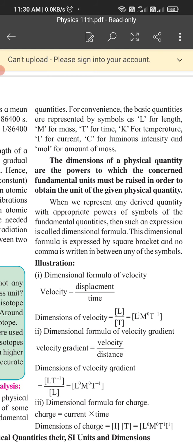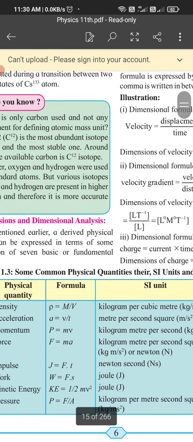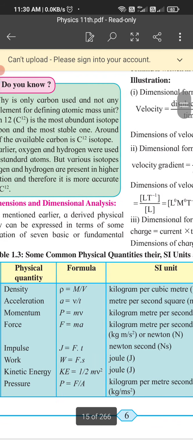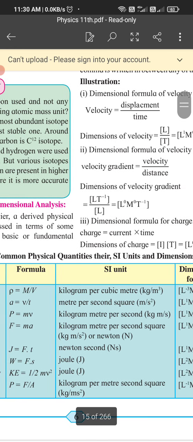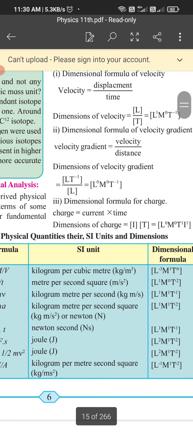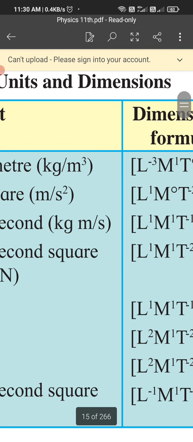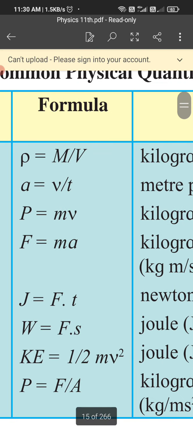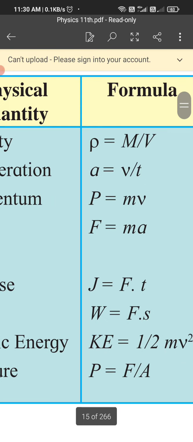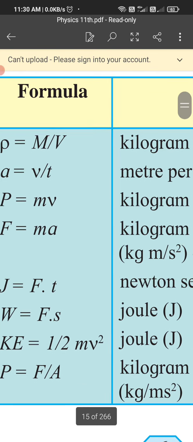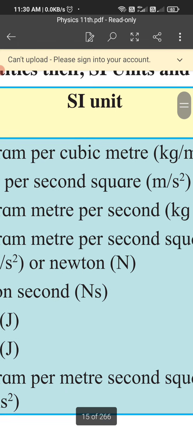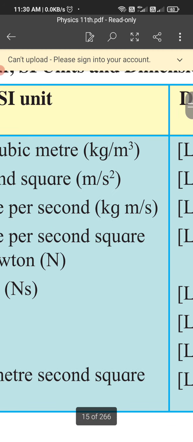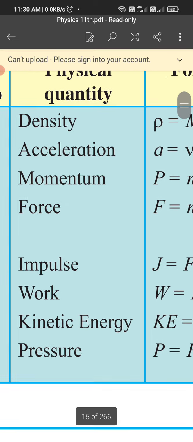So some dimensions are given. Density rho is equal to m upon v, that is kilogram per cubic meter. Dimension: L^-3 M^1 T^0. Second, acceleration is equal to the rate of change of velocity with respect to time, that is meter per second square, L^1 M^0 T^-2. Third, momentum.